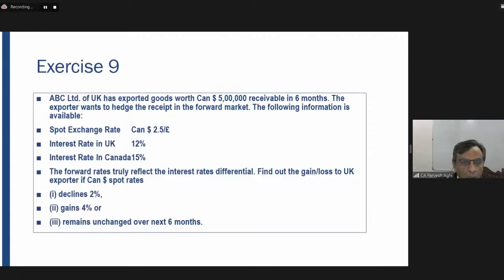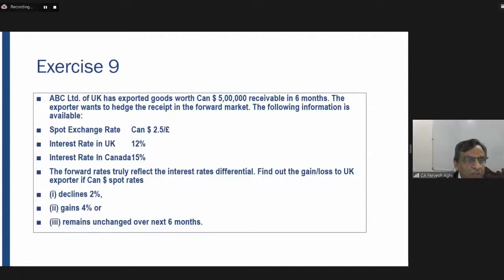We have to find out whether there will be a gain or loss to the UK exporter, because he is going to cover himself in the forward market, if the Canadian spot rate declines by 2%. Before solving this, we must understand what answer to expect.